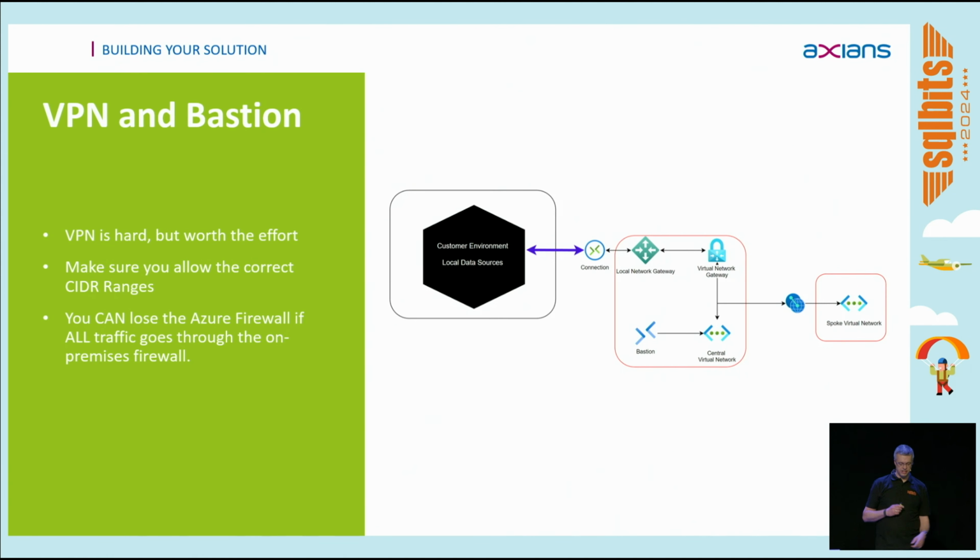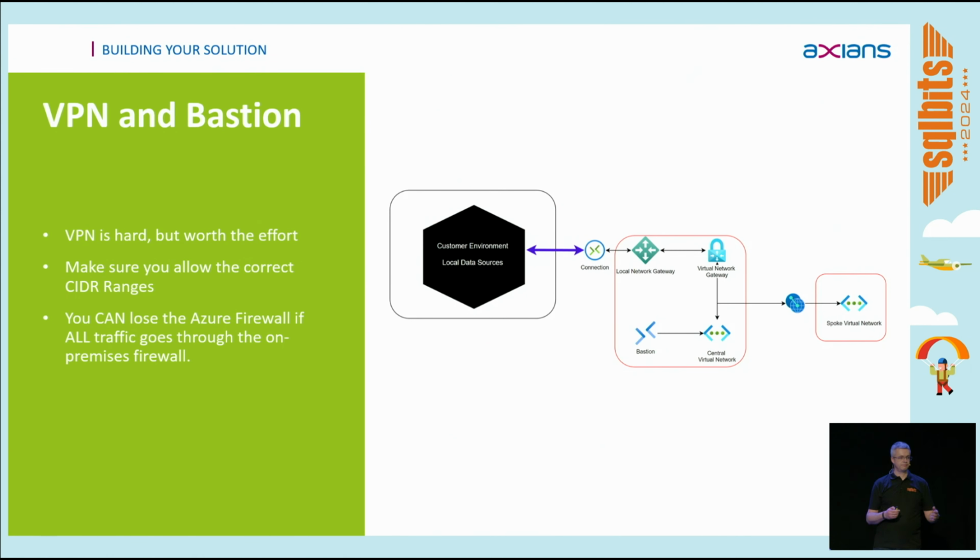This is a scary one. You can lose the Azure firewall if all traffic goes to the on-premises firewall, which means you can save about $1,000, whatever, each month. But you need to make sure all the traffic goes through your on-premises firewall. If there's anything open for another route, add a firewall.